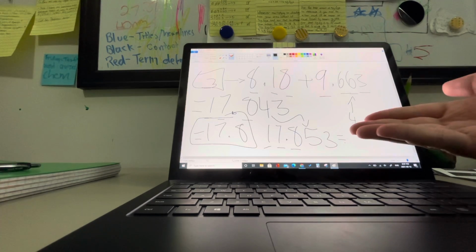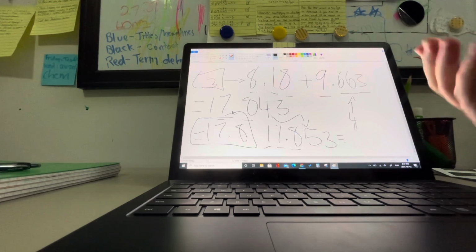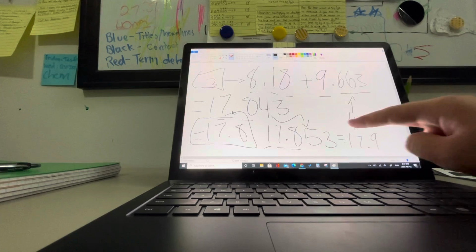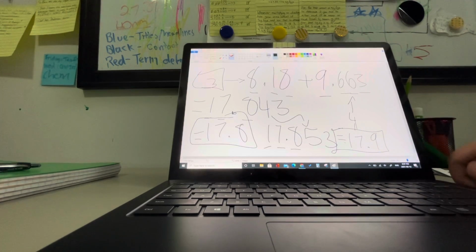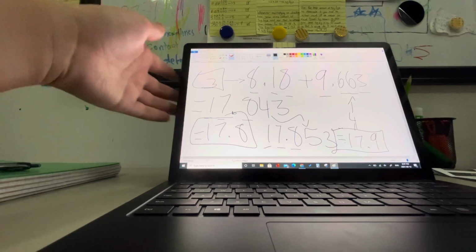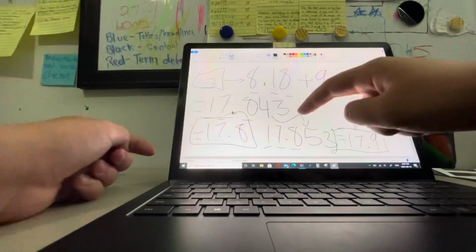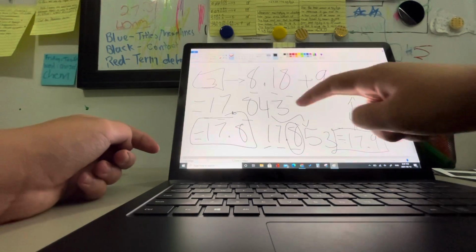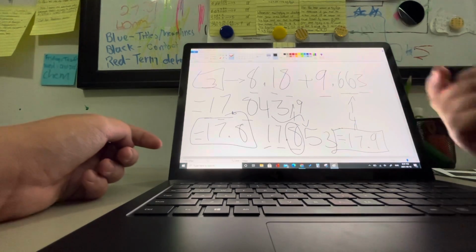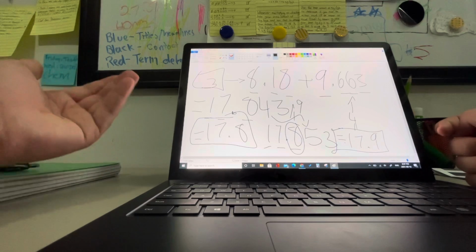Well, what did I say before? 5 and up, you can round the left number higher. Well, in this scenario, the answer is going to be 17.9. That's the answer, because like I said before, when we were doing multiplication and division, if your number is 5 or over, then the digit on the left goes 1 higher, so it goes to 9. But if it was 4 right over here, then it would have remained the same, 17.8 as our answer.